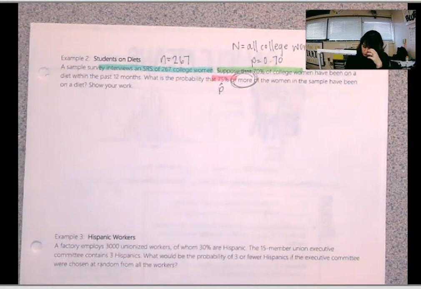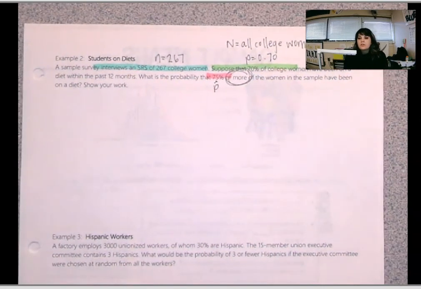Okay, so what we need to acknowledge, first of all, is that we know the distribution from which our p hat comes from.